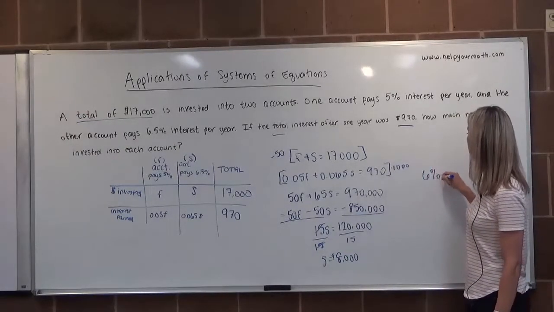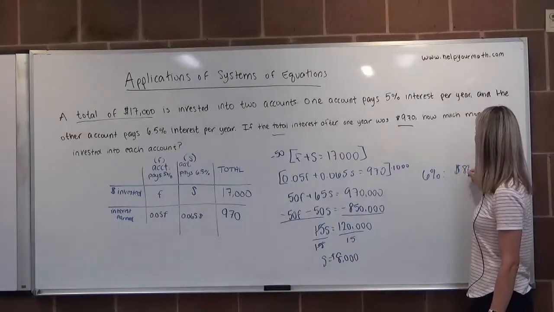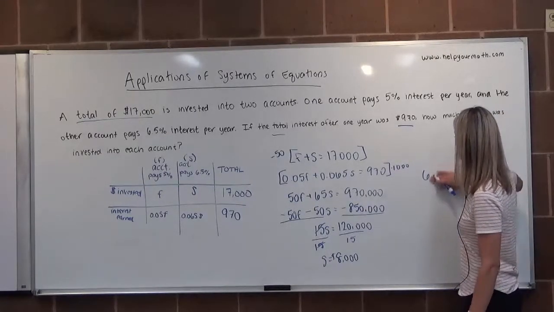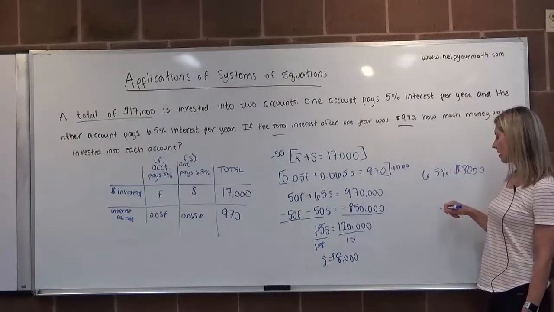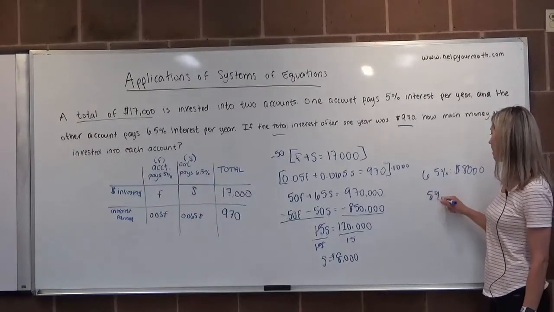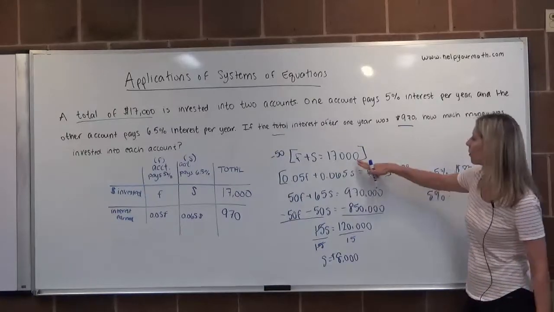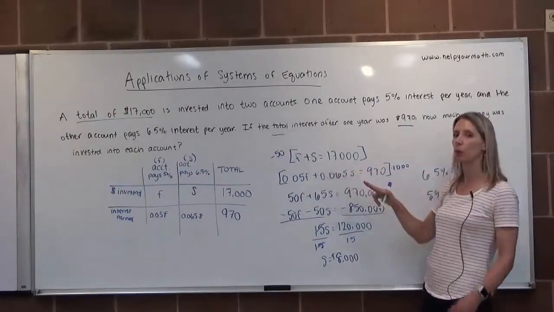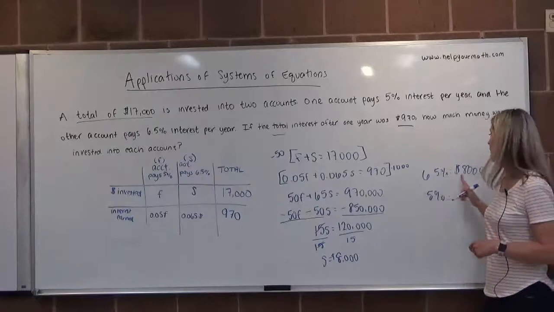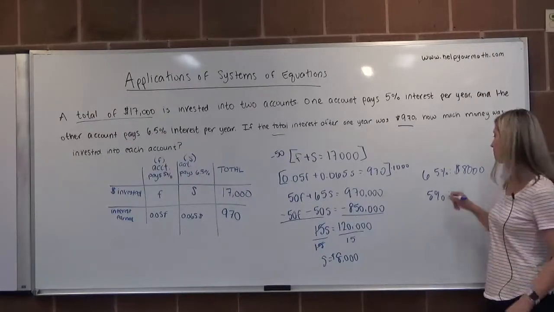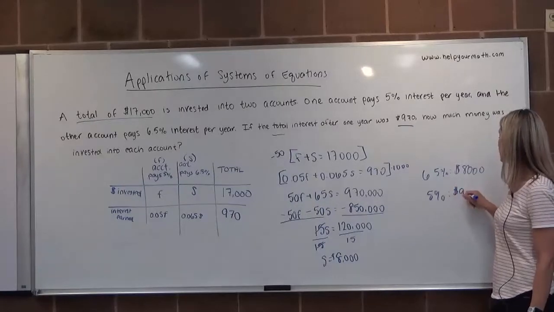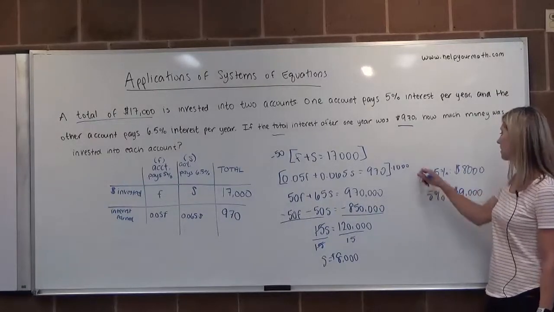I'm sorry, 6.5%. Let's try that again. 6.5% is $8,000, and the account that pays 5%, well, let's go back to one of our original equations. We know there's a total of $17,000, and this one has $8,000 invested, so the rest of it must be in the 5% account. There must be $9,000 invested in the account that pays 5%.